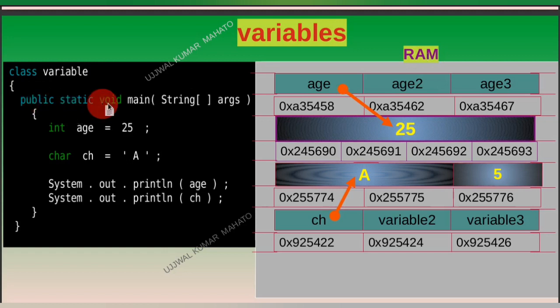Public static void main, these statements are also stored inside the RAM. That part of the RAM is called the code segment, and the data stored is called the data segment.